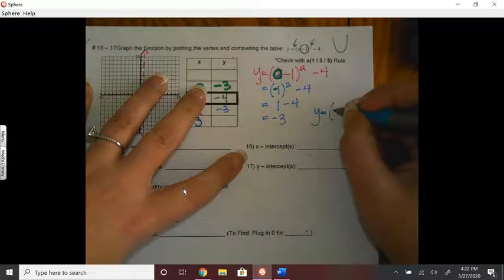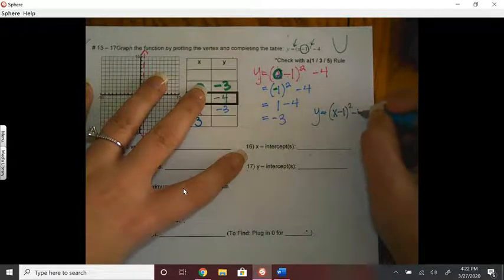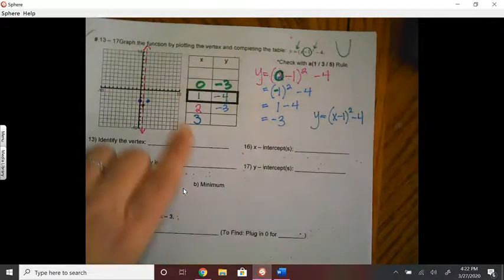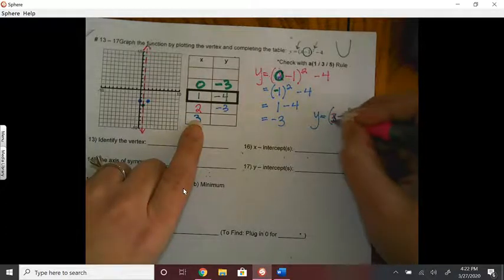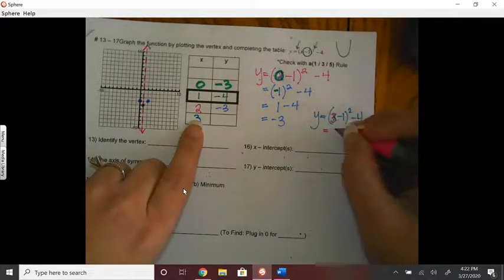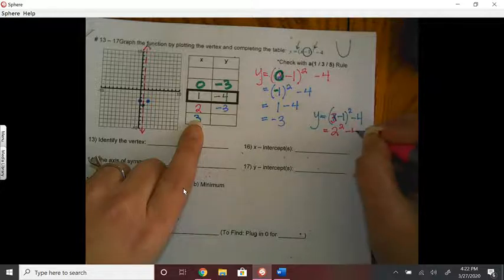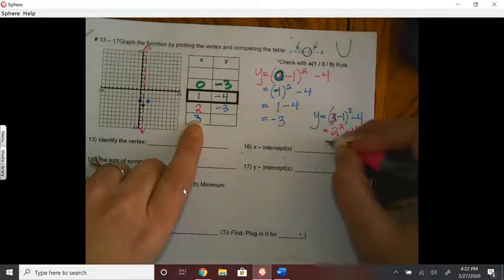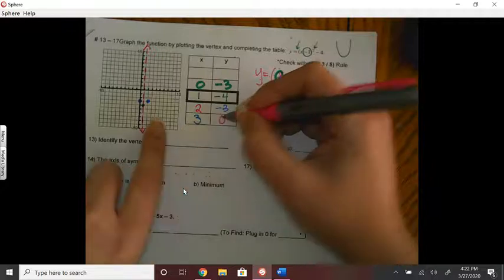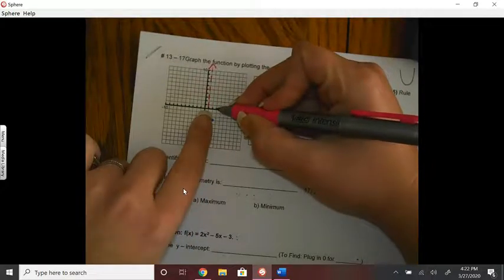So I'm going to take my function, quantity of x minus 1 squared minus 4, and use 3. You don't have to, that's just the number I picked. So 3 minus 1 is 2, 2 squared is 4, 4 minus 4 is 0. So I'm going to graph the point 3, 0.